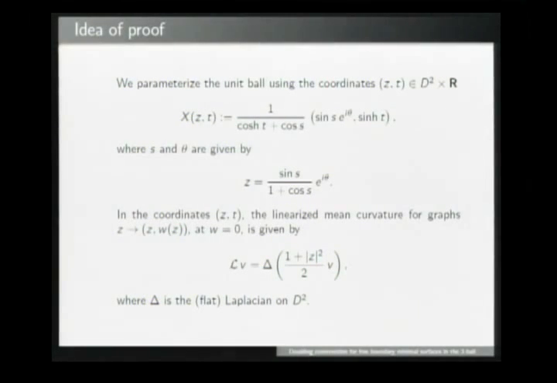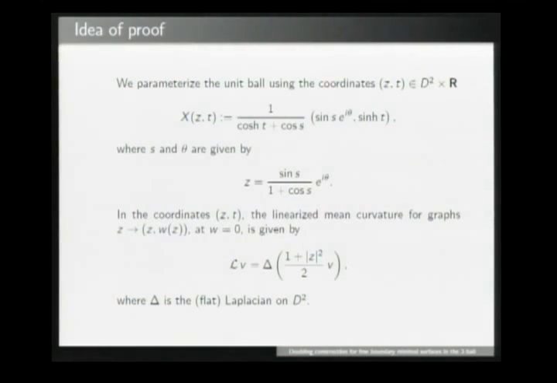But in any case, in this parameterization, the surface corresponding to T equal constant is a constant mean curvature surface, which is in fact a piece of a spherical cap.